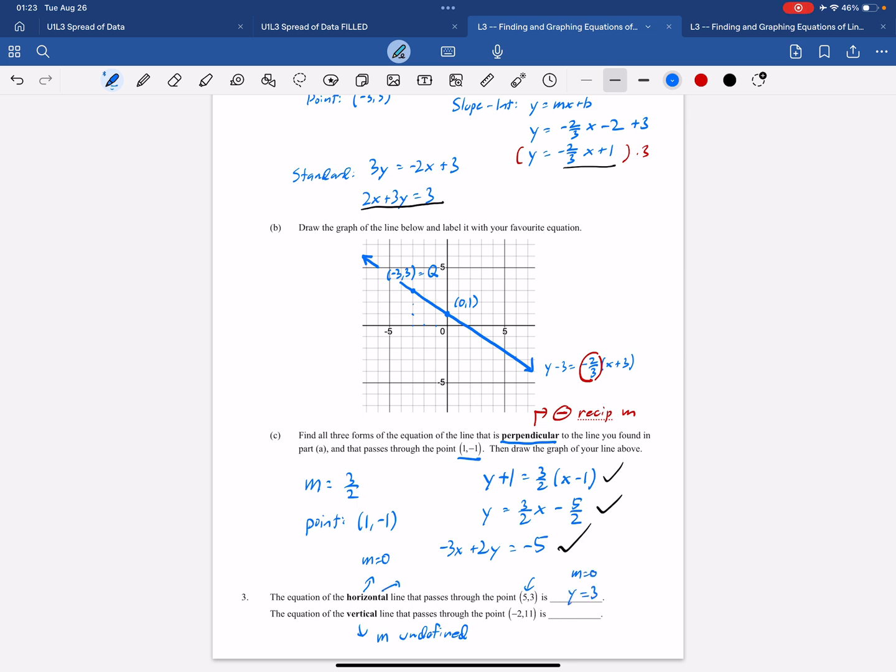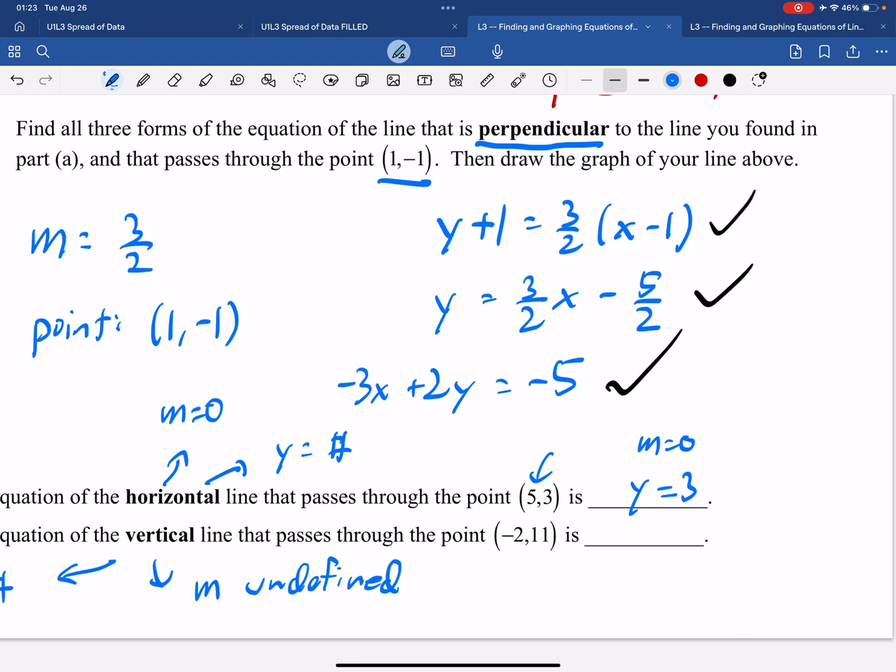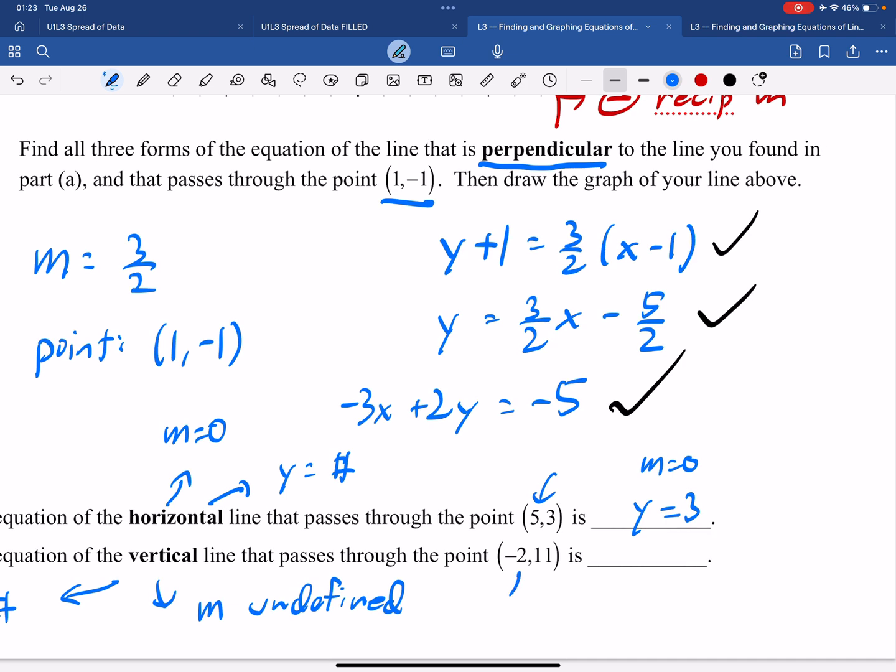So any horizontal line is going to be y equals some number. And any vertical line, you could probably guess, is going to be x equals some number. So if this thing has no run, it just keeps going up and down, then x equals negative 2 is the equation of our line.